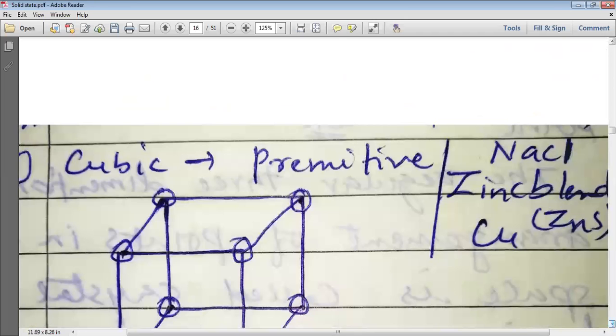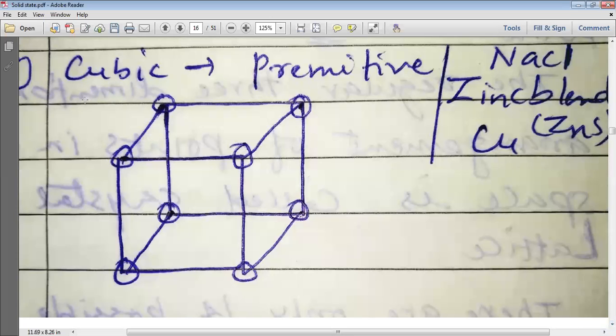Let's move forward and understand. Now you can see here, my dear students, we have one particular kind of lattice which is known as the cubic or primitive lattice cell. The examples are NaCl, zinc blende, which is ZnS, or copper. These all have this kind of primitive lattice, where particles are available at the 8 corners of the unit cell.